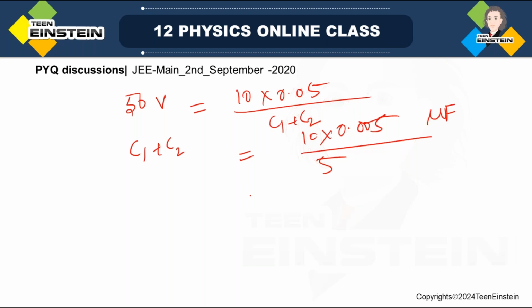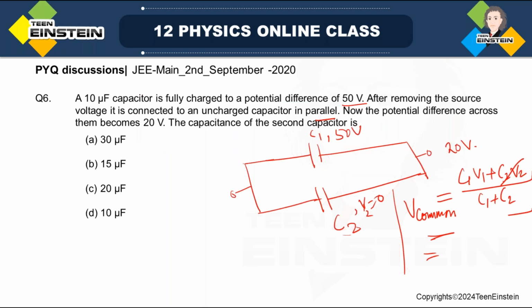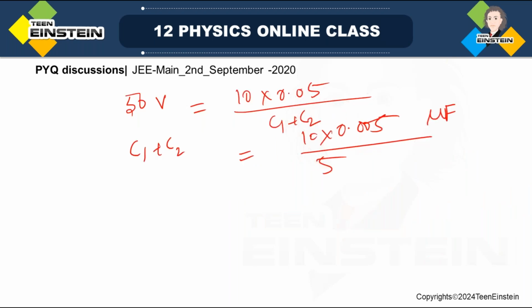Microfarad only we are calculating. So this is actually C1 plus C2.